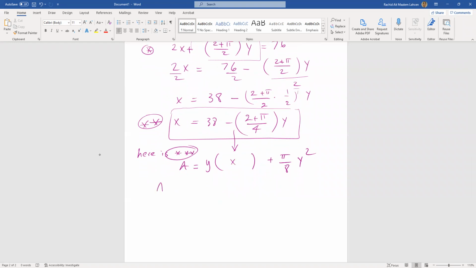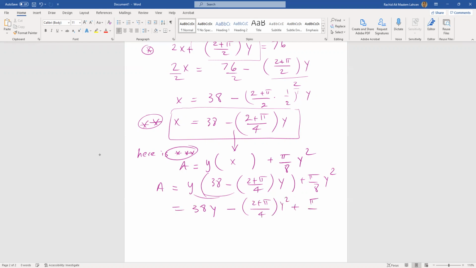Now that's going to be replaced with that. So y times 38 minus 2 plus pi over 4 times y plus pi over 8 y squared. And of course, one thing gives the other. We need to distribute: 38y minus this thing y squared plus pi over 8 y squared.